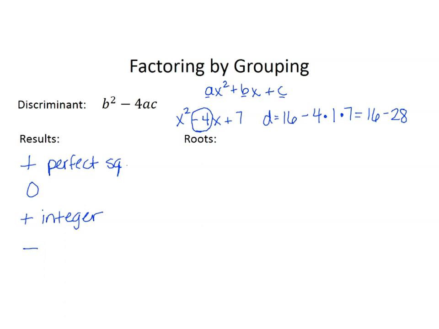So if you get a positive perfect square when you do the discriminant, that means that there is one root, which we haven't talked about roots, but that means that, actually, positive perfect square means that what we're going to use it for is we know that it can be factored.